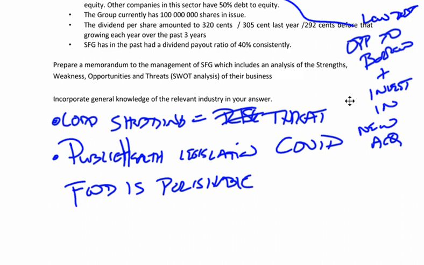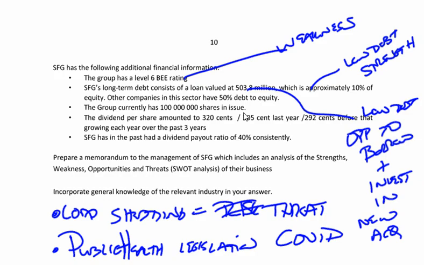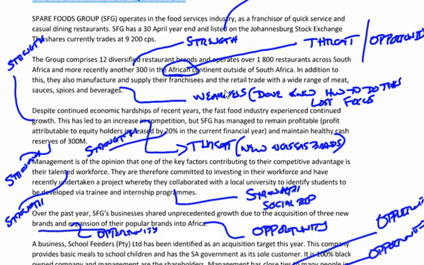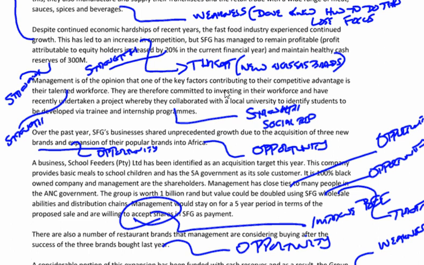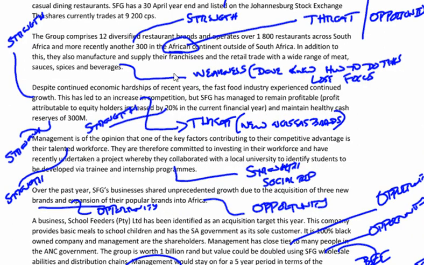What I'd like you to do now is have a look at the solution. You should see that 95%, I would imagine, of the solution I've picked up as part of this question. And this is how you should have read through the question. If you know that the required is a SWOT analysis, you should be marking off everything inside the question as you read through, like this.